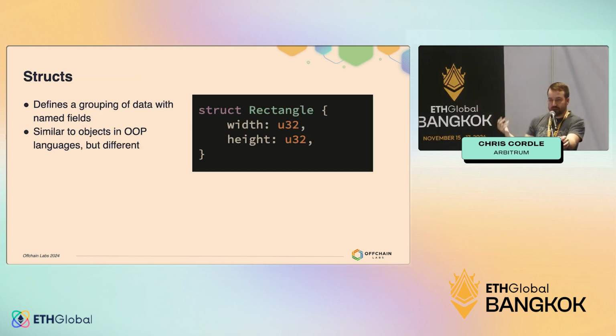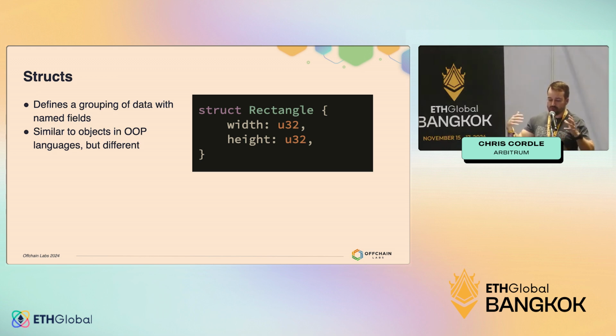This is a struct, if you're setting up a data structure. You'll use structs quite frequently in Rust. This is just a rectangle with a 32-bit unsigned integer for both width and height. It's very similar to objects in OOP languages like Java, but they are slightly different. Rust tends to eschew things like inheritance as a design principle, and instead adopts something called composition over inheritance.